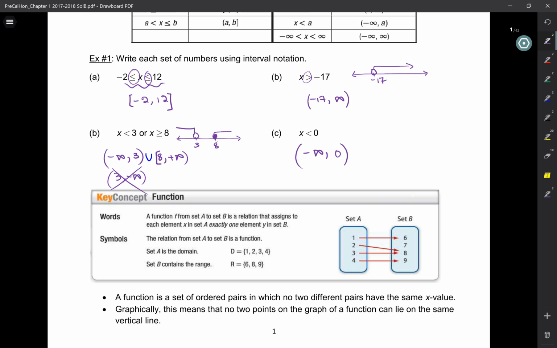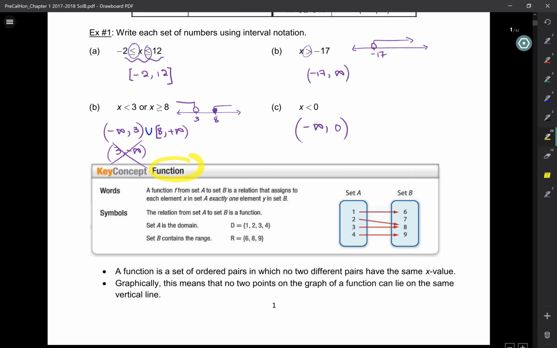All right, let's talk about functions. Again, this is just a review, so I'm just going to gloss over this one. A function is basically, it defines a set of numbers, okay? So that for each x value, how many y values can there be? 1.